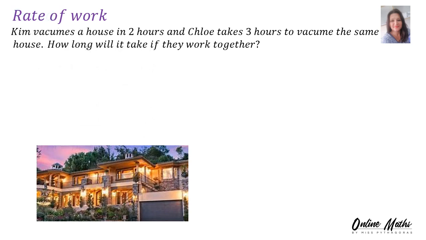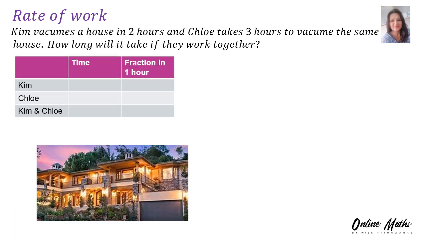Let's look at a rate of work question. Kim vacuums a house in 2 hours and Chloe takes 3 hours to vacuum the same house. How long will it take if they work together? Again, let's make a table. Kim's time is 2 hours, Chloe's time 3 hours.